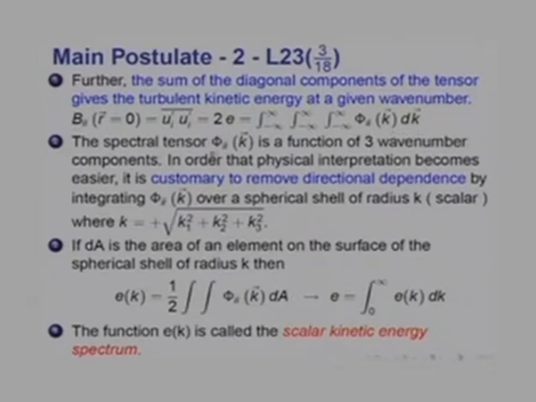The spectral tensor phi_ii(k) is a function of 3 wave number components k1, k2 and k3, because k is a vector.